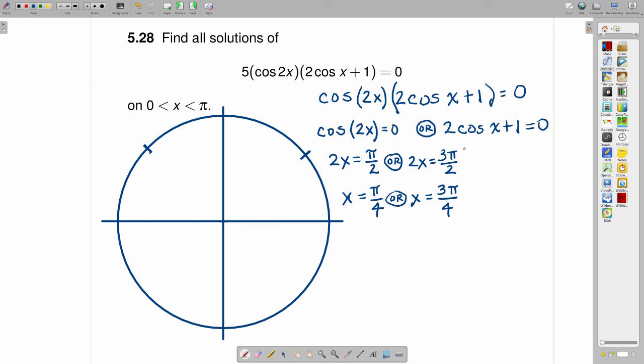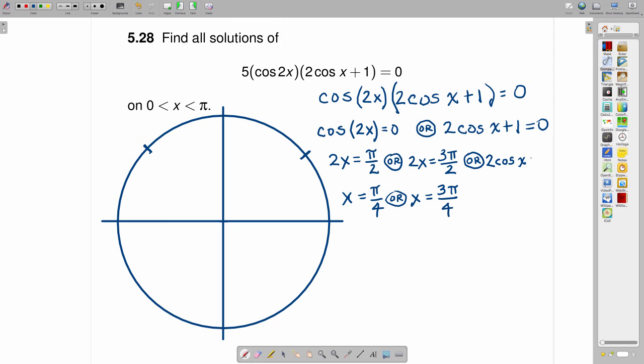Now there is a second equation to work on, and that is the equation right here. And the way you solve that equation is you subtract 1 from both sides of that equation. When you subtract 1 from the left-hand side of the equation, you get 2 cosine x.